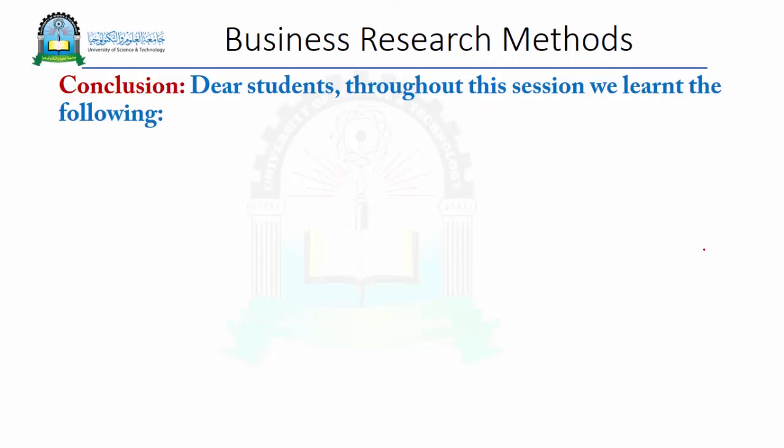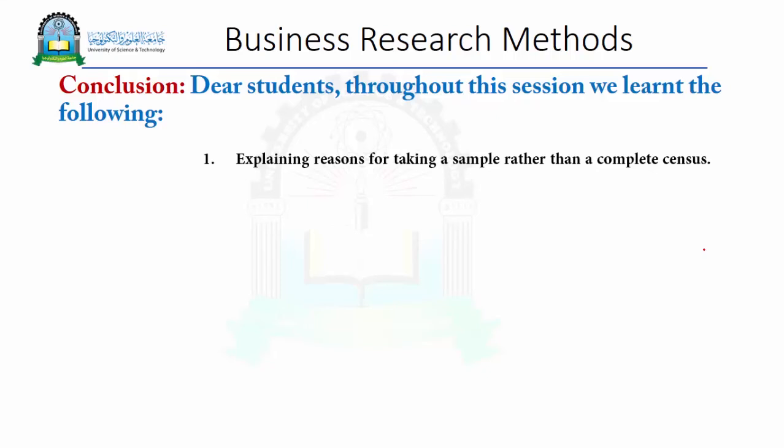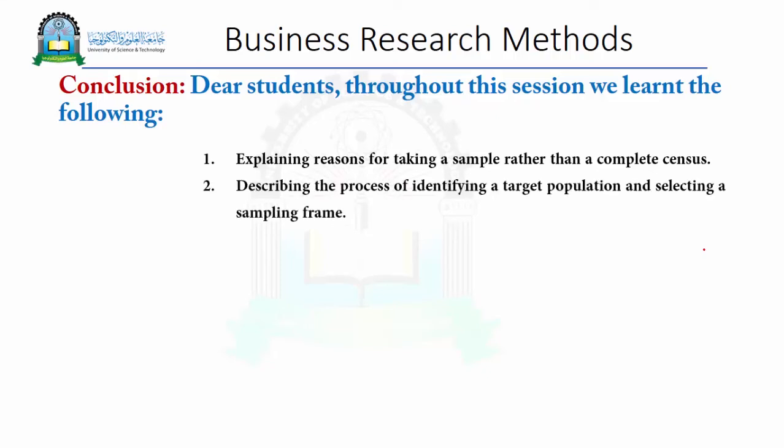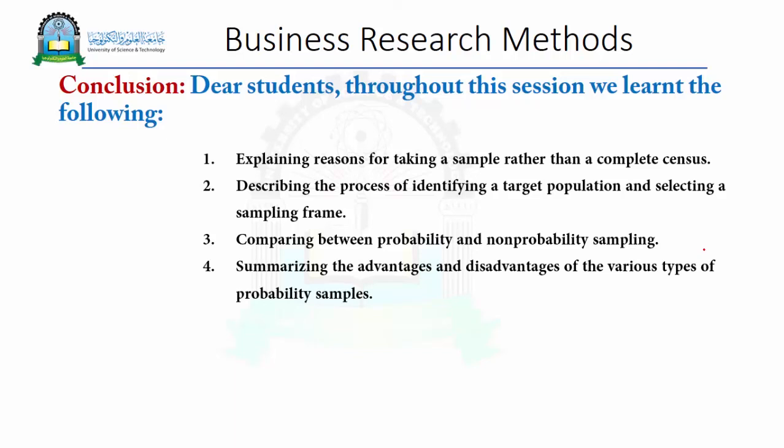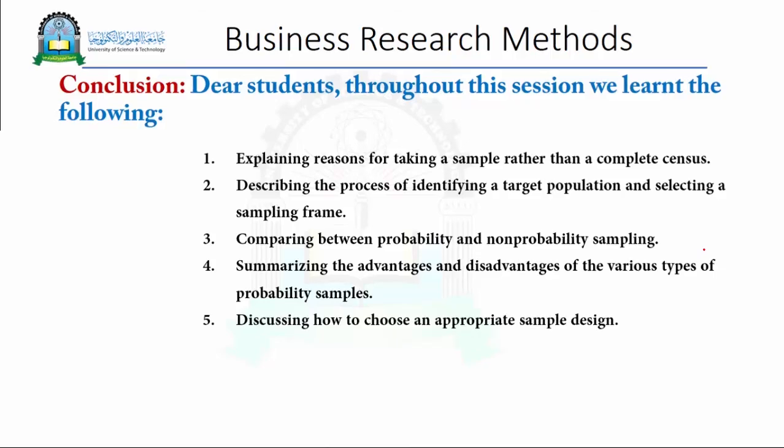I hope everything is clear to you, and that throughout this session you have learned how to explain the reasons for taking a sample rather than a complete census, describe the process of identifying the target population and selecting a sampling frame, compare probability and non-probability samples, summarize the advantages and disadvantages of the various types of probability sampling, and discuss how to choose the appropriate sample design.